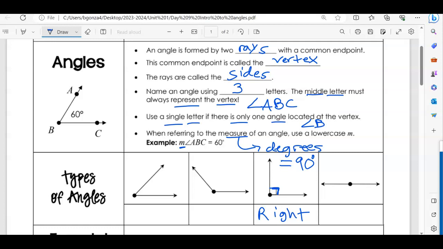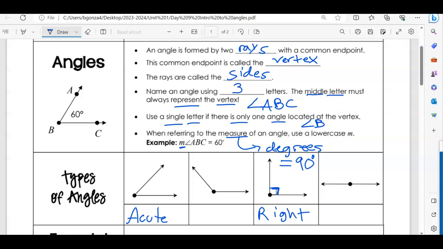But do we know what we call it if it's less than or greater than 90? So, first one, you'll see how this angle is less than 90. If it's less than 90, we call that acute. I think of acute being a smaller angle, just like acute sounds like the word cute. Like small things can be cute sometimes, right?